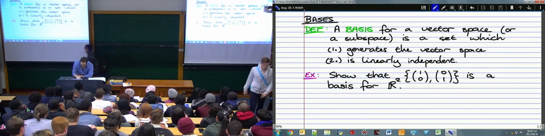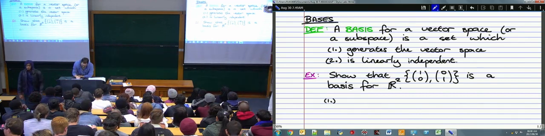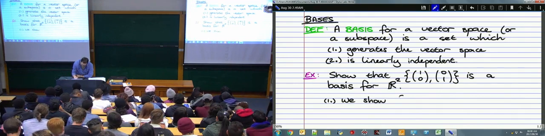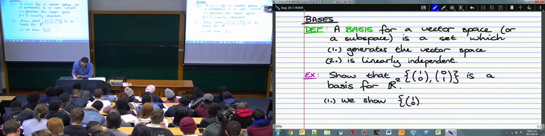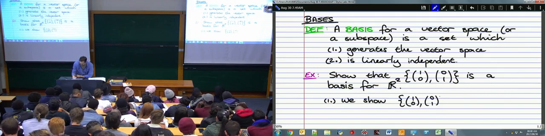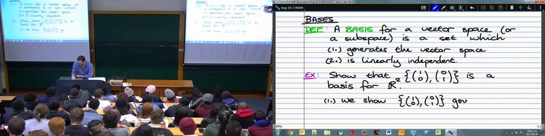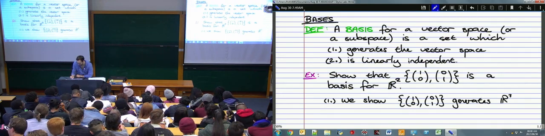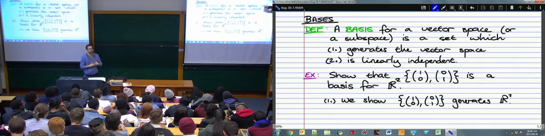First, part 1: we show that this set generates R2.